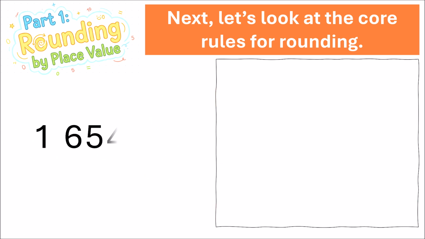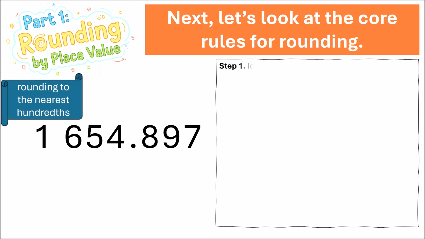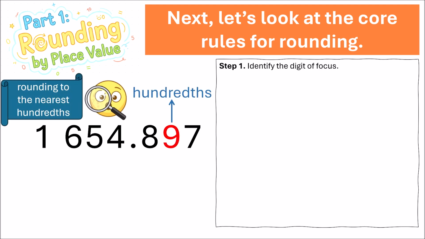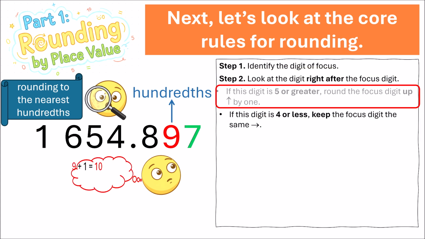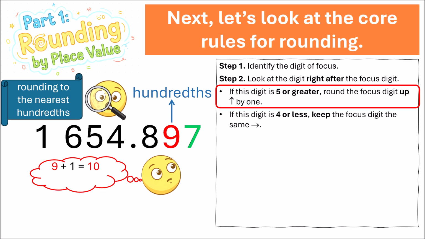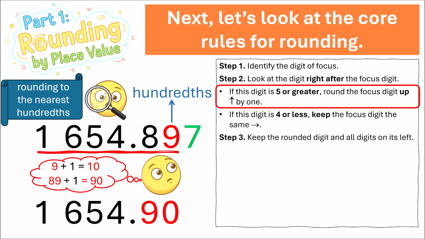Finally, we'll round this number to the nearest hundredths. That makes 9 the focus digit. The digit on its right is 7, and since 7 is 5 or greater, add 1 to 9. But 9 plus 1 equals 10, a 2-digit number. So we use the 2 digits in front of 7, and get 89 plus 1 equals 90. As in the previous examples, keep the rounded digits and all digits on their left.